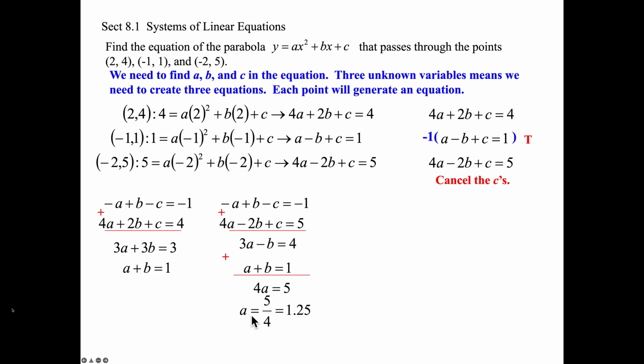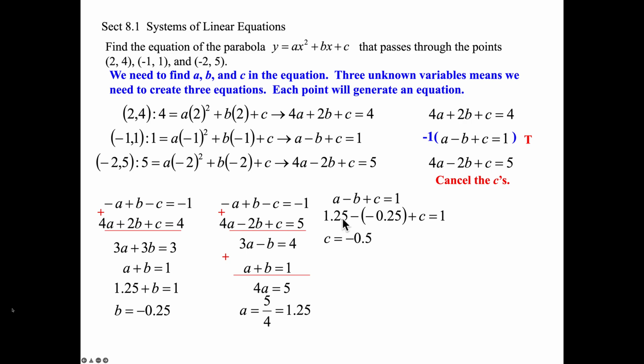Well, now it's time to back substitute, so I'm going to go right to this equation here with the a plus b equals 1. And I'm going to substitute in my 1.25, or my 5/4. Subtract that from the 1, that's going to be a negative 0.25. Bring down my original second equation, a minus b plus c equals 1, and I'm going to plug in the 1.25, the minus 0.25, make sure we don't get a sign error here, minus the negative.